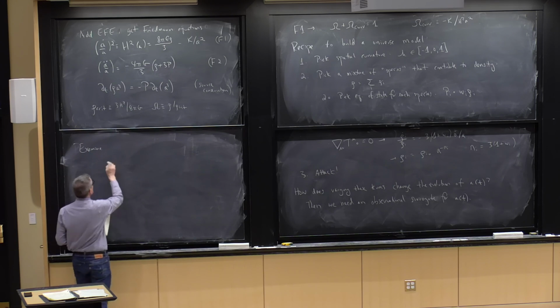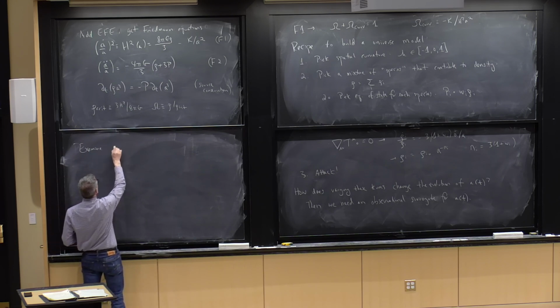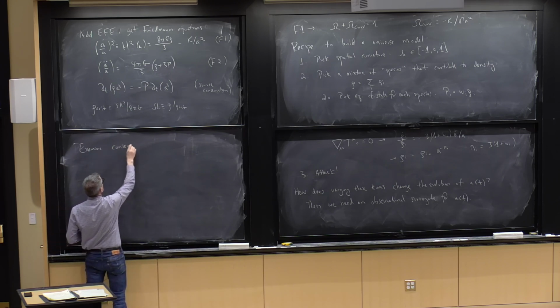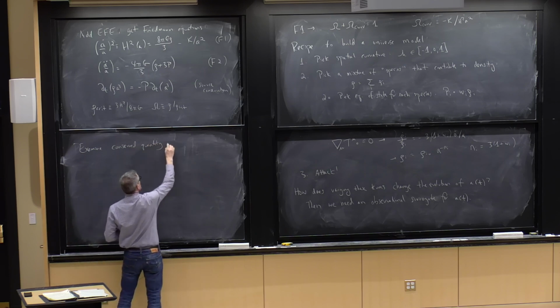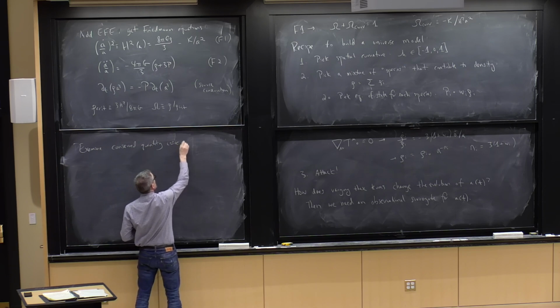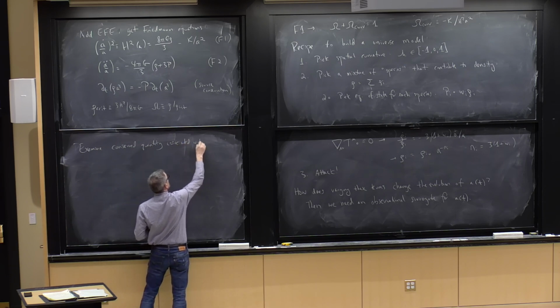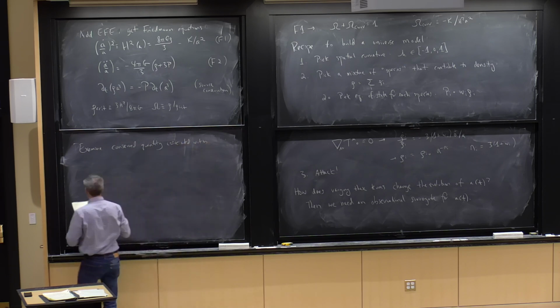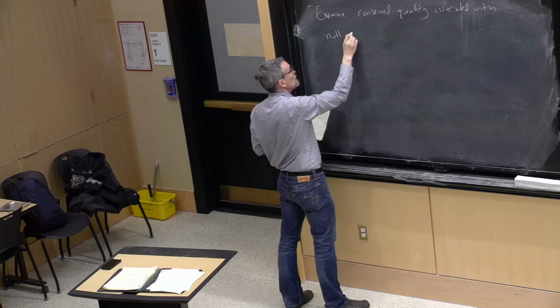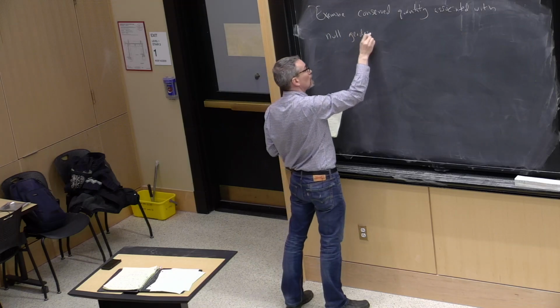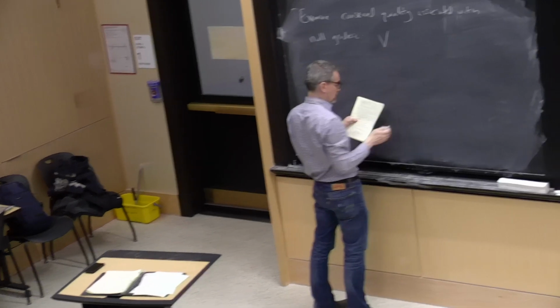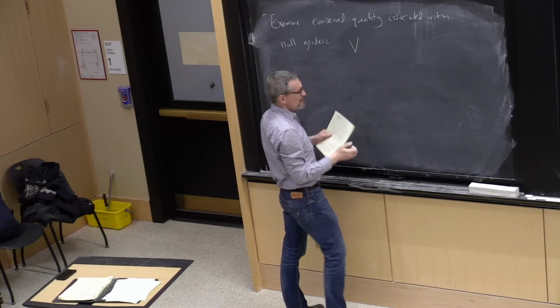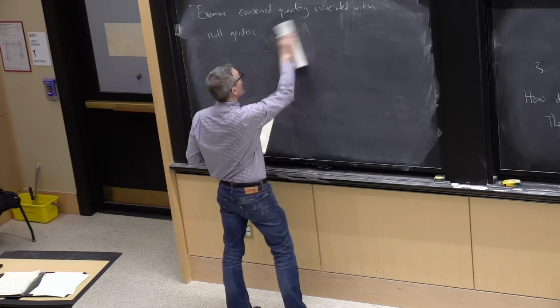So let's examine the associated conserved quantity that is associated with a null geodesic. So let's say P actually.